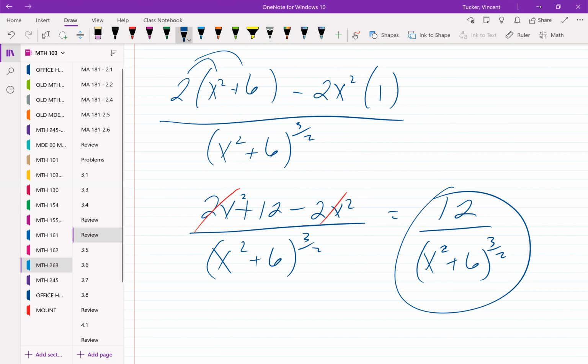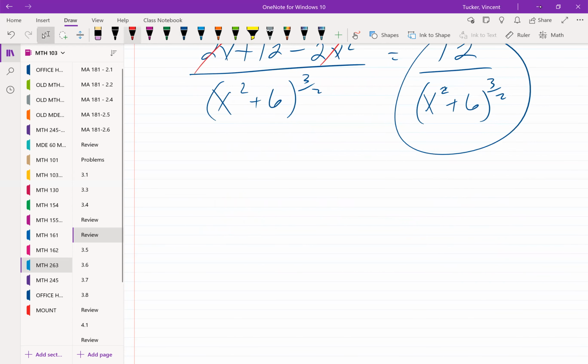Yes, the chain rule and the product rule are used. Let's see if I can look at it.